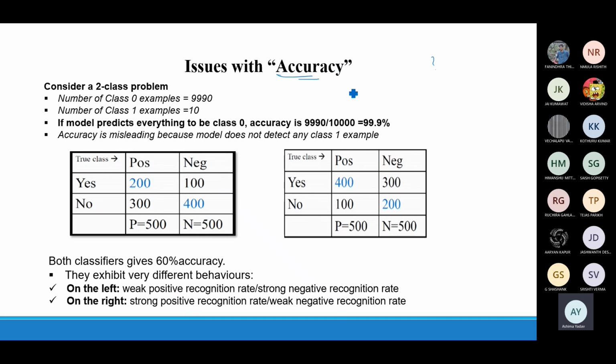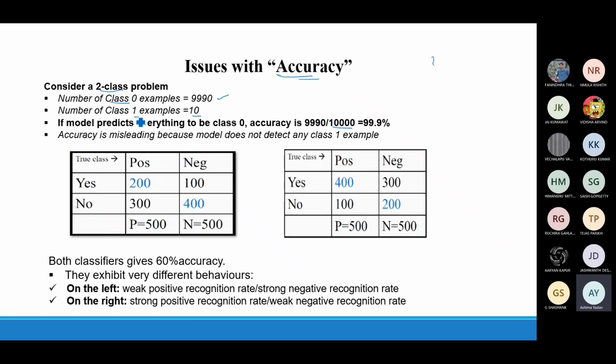Let's say you take any two class problem where there are only 10,000 samples, and out of those 10,000 samples, 9990 samples belong to one class and 10 samples belong to another class.